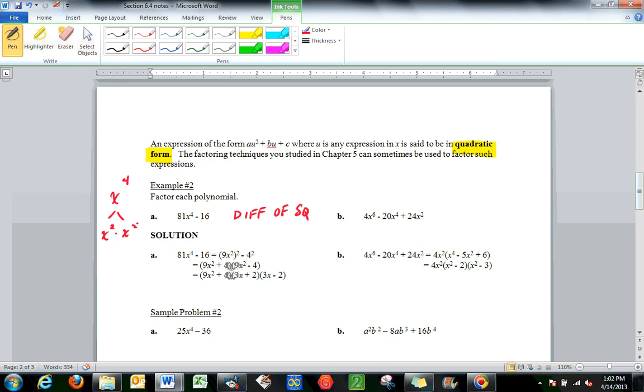In this first step we are breaking up 81x to the fourth minus 16 into a difference of squares problem where we have one positive and one negative value. This is extremely important, because if you look closely, the second binomial is also another difference of squares.